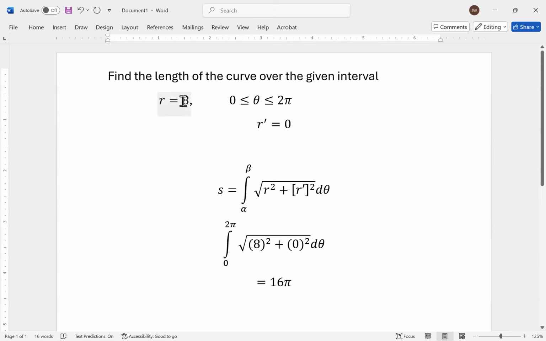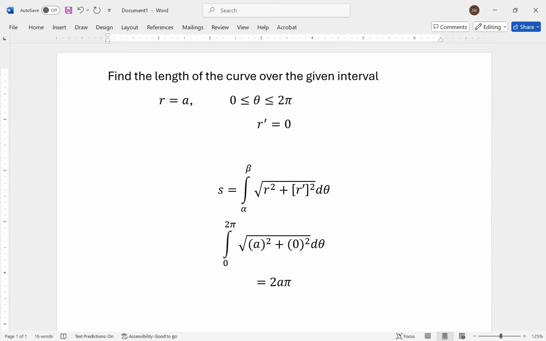You can see that for any circle of any radius, if I said what is the arc length of the circle of radius, we'll call it A. Well, if A is a number, then the derivative of r is 0. You'd get the square root of A squared, which is just an A, integrated from 0 to 2 pi, and that would give you 2 times A times pi.